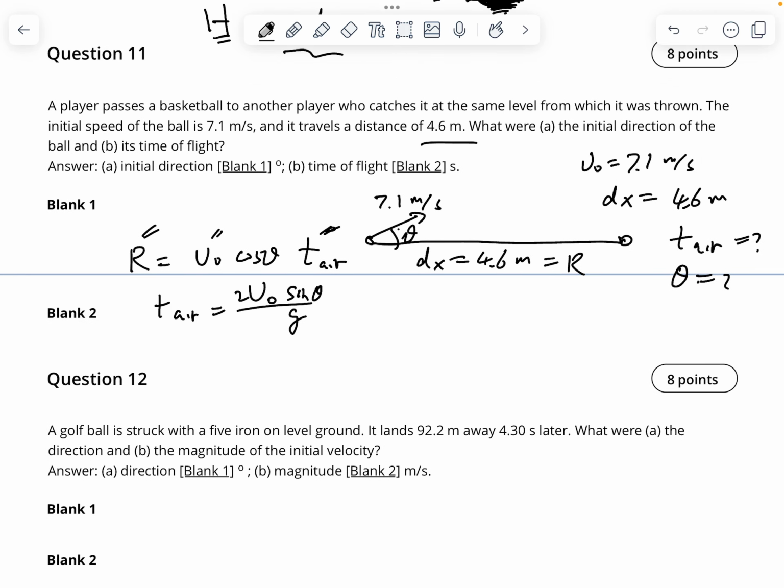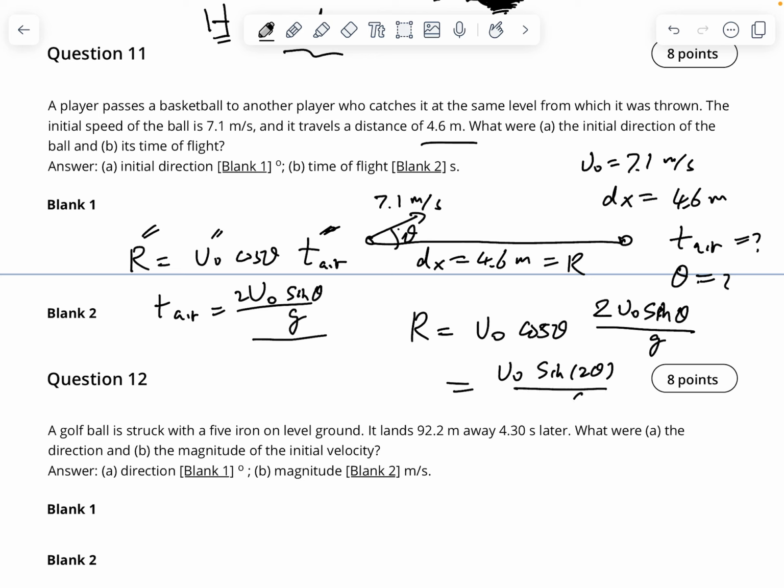Okay, so let's see what we have here. We have v naught in here, so we can plug in. R equals v naught cosine theta times the air time, 2 v naught sine theta divided by g, right? So this equals v naught squared sine 2 theta divided by g. In this equation, we know what R is.